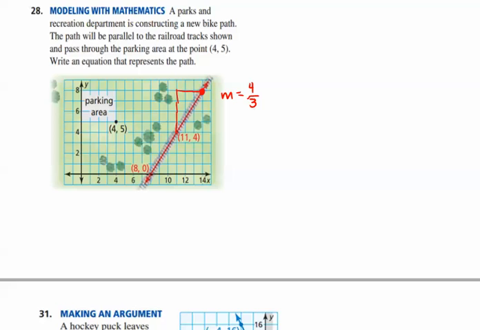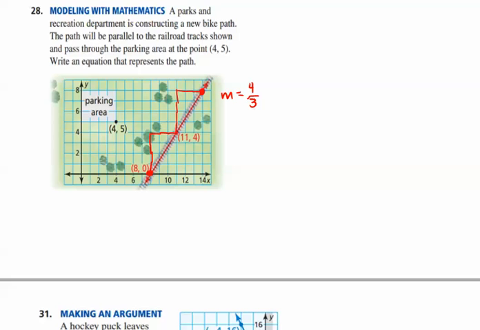So let's go backwards and see if we get the same thing. We go back 1, 2, 3, down 1, 2, 3, 4, and that brings us to what looks like the 8, 0. There is another point clearly there, 8, 0.